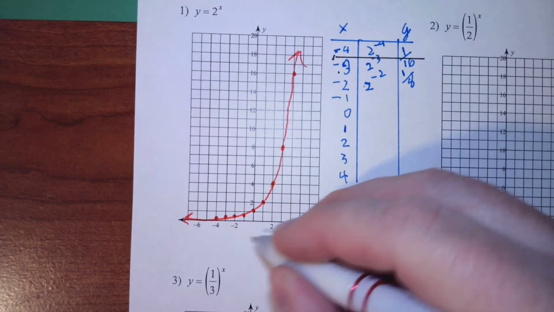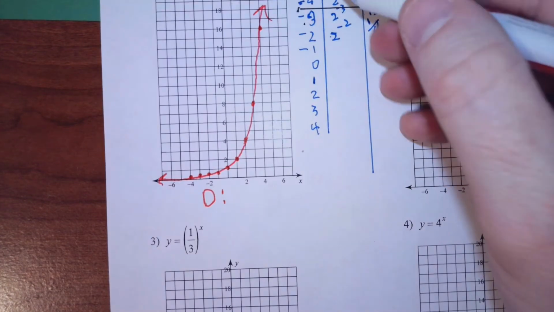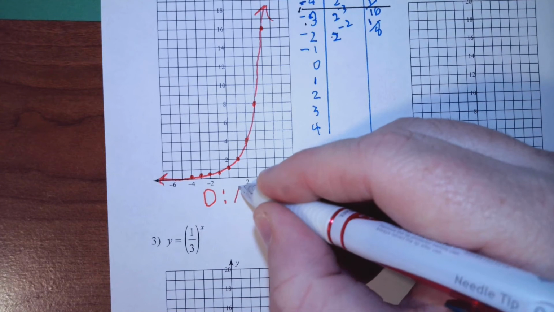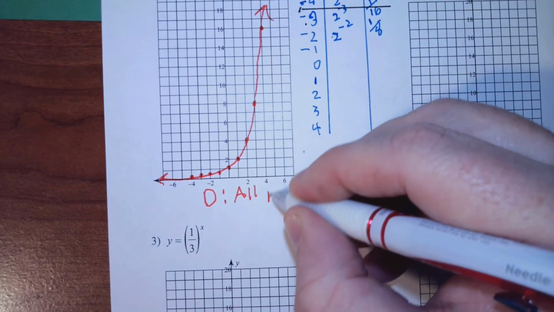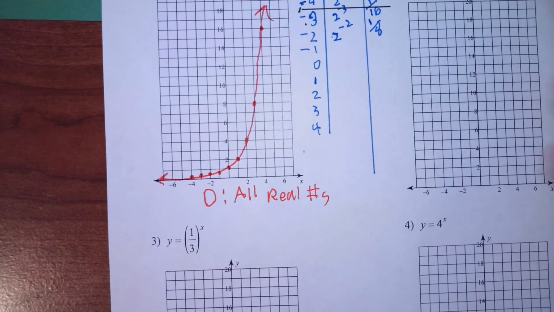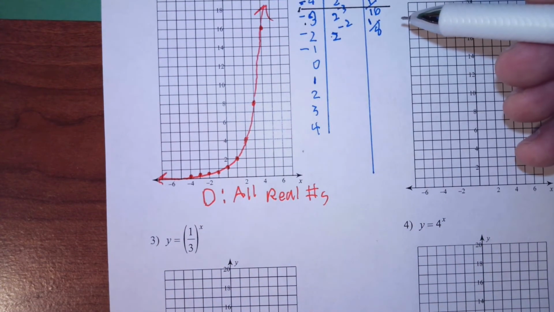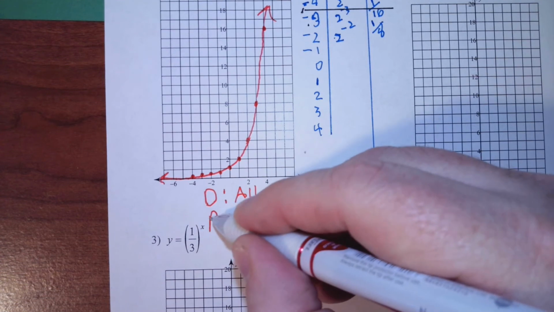So now we're going to do domain. Remember, domain is all the x's, all the variable x's. And what I'm going to tell you with all of these is we're just going to say all real numbers, because all the real numbers are going to work. You can put any number in for an x and you'll get an answer. Now, range is not going to be all real numbers.